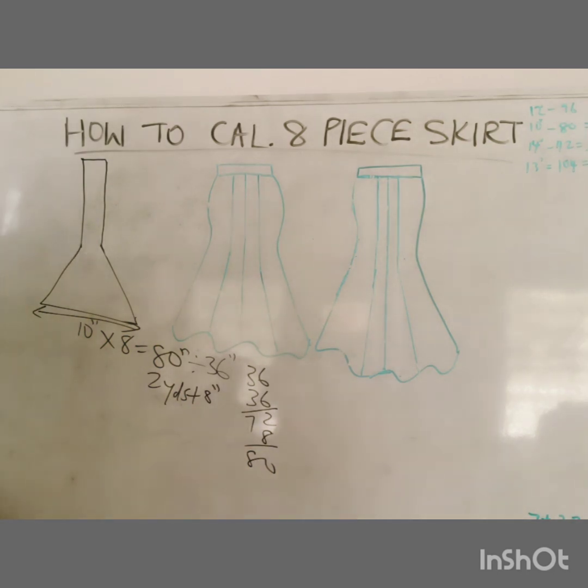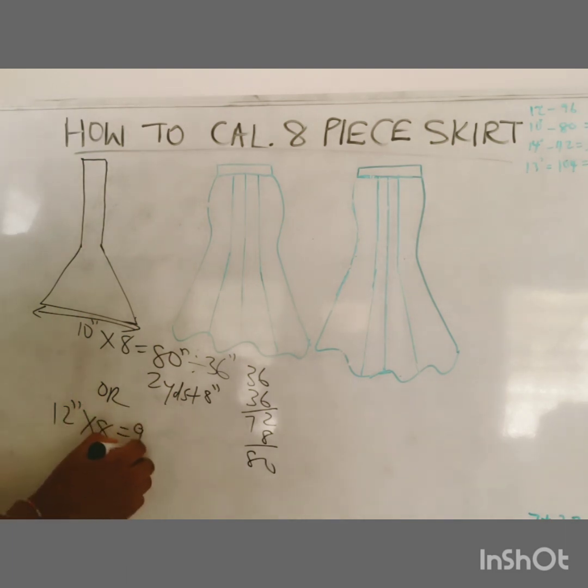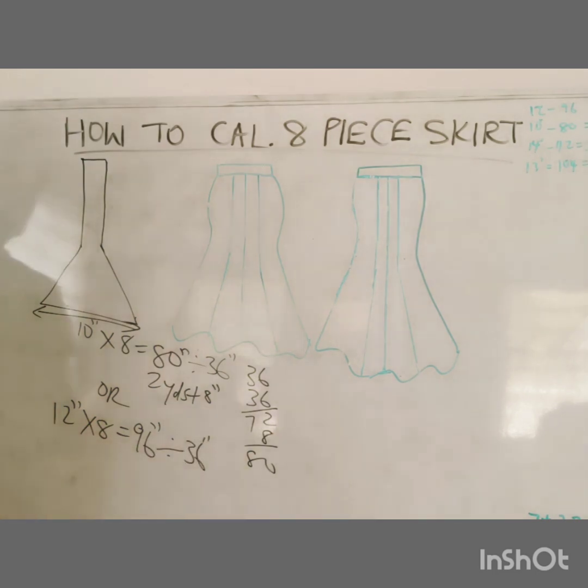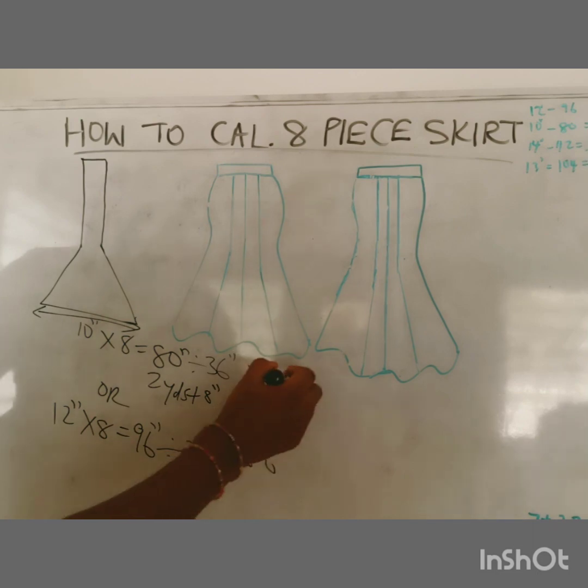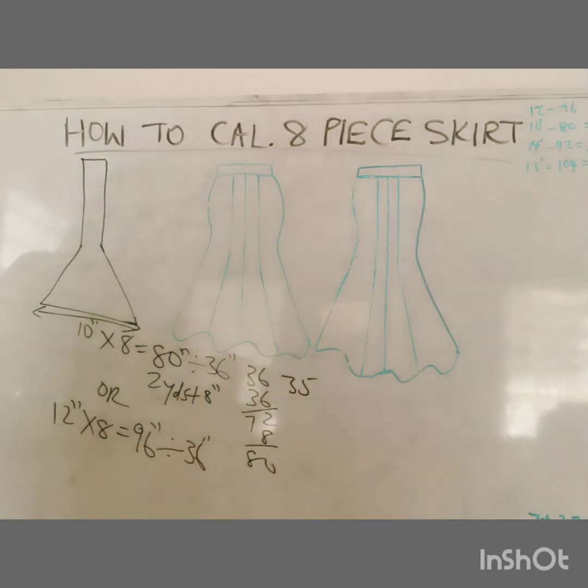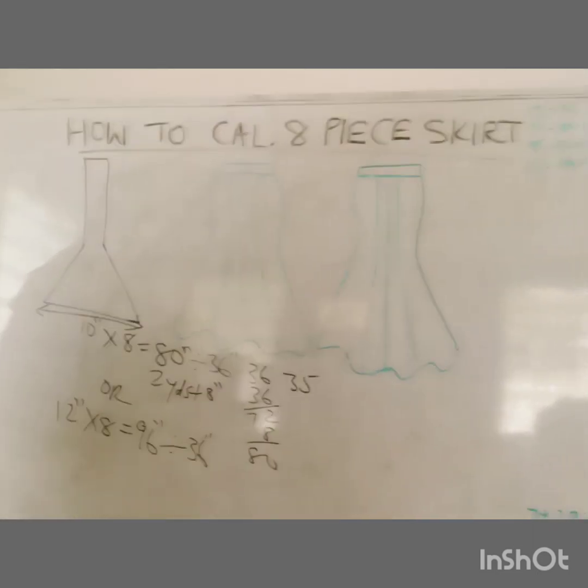And then if you want yours to be, let's say, 12 inches wide, 12 times 8 is going to give us 96. And by the time you divide 96 by 36, 36 because it's a yard, it depends on the yardage that yours is coming in. There are some that come by 35, so check the length.